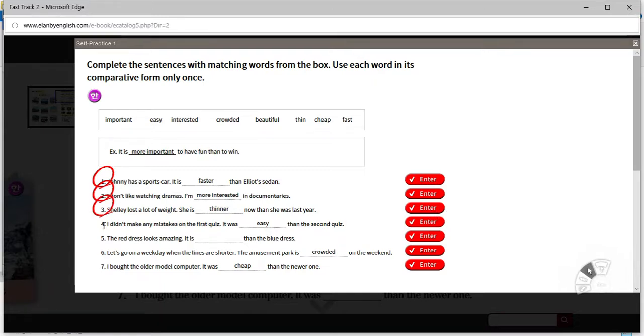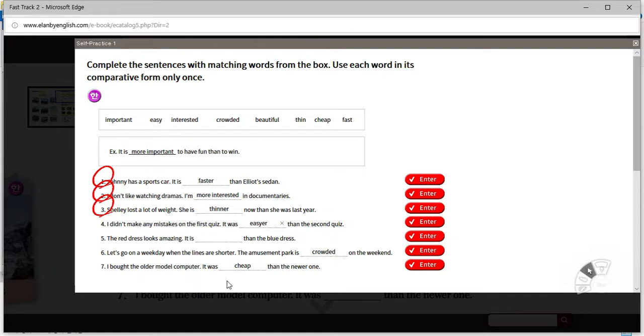Correct. Number 4, I didn't make any mistakes on the first quiz. Perfect score. Okay, it was easier than the second quiz. Okay, right. So again, easy is 2 syllables. Is it more easy? Okay, you might hear some native speakers say more easy, but we would say easier.